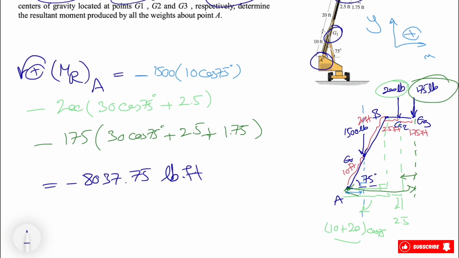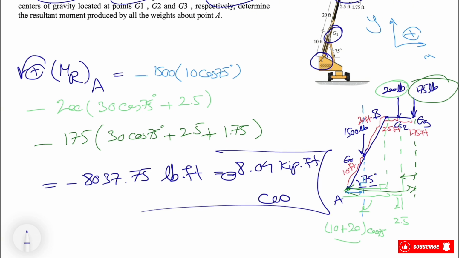So basically for finding this in kip, we need to divide this by 1,000. And if we do that, we'll get 8.04 if we round up the final answer. So we'll get kip, foot, and this negative sign in here shows the direction, which was clockwise. And this would be the final answer for this question.